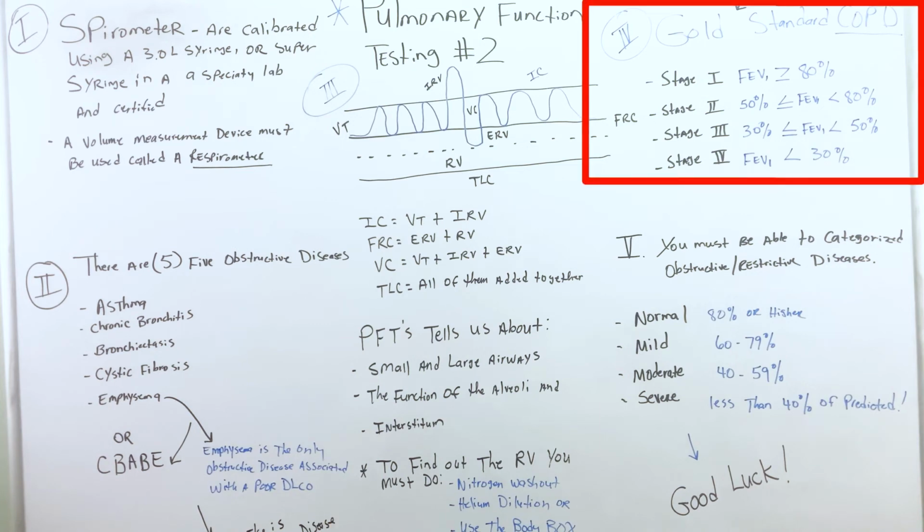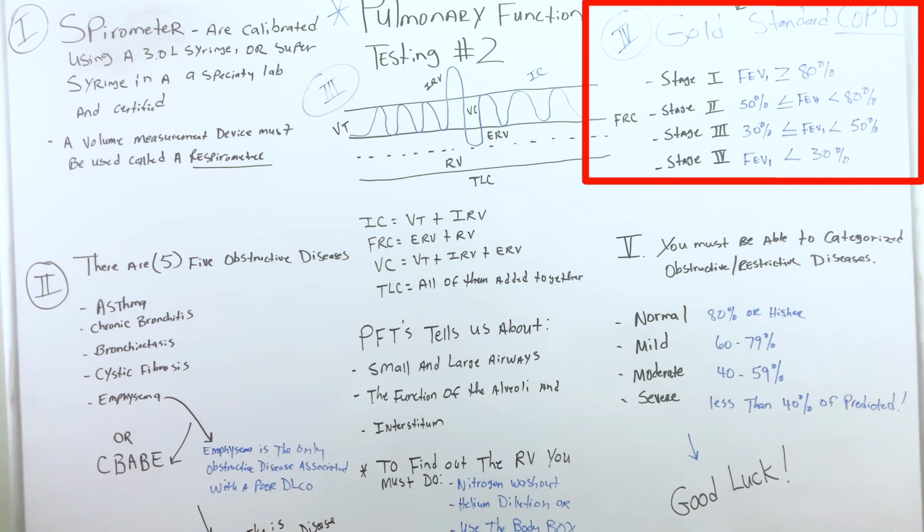Now, another thing that I don't want to omit that's on the exam is number 4 at the top to the right, the gold standard for COPD. You must know these 4 stages. Stage 1 is when the FEV1 is greater than 80%. Stage 2 is when you're at 50% or less and the FEV1 is less than 80.